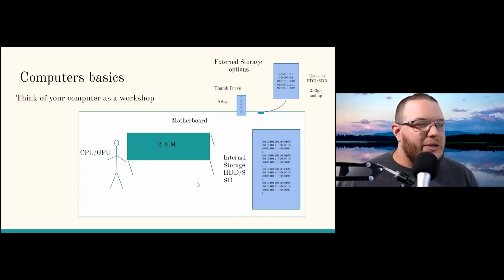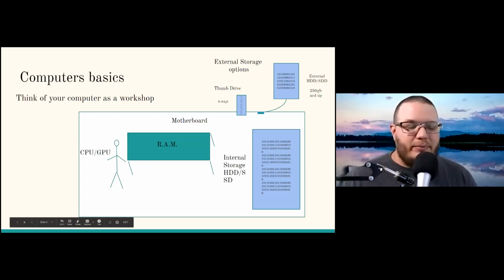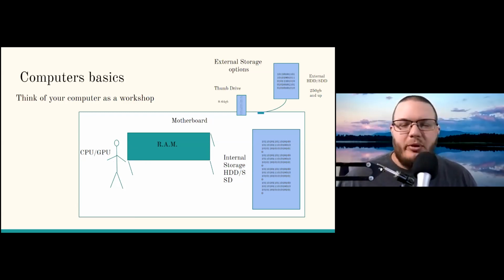So your processors go over to this storage drive and they pull all the information they need to run the program, and they pull any files that they need to work on. So in our case, it pulls the data it needs to start the editing program you're using, and it pulls the specific file you're working on at the moment. And all of that can only happen on what I'm referring to as the work table.